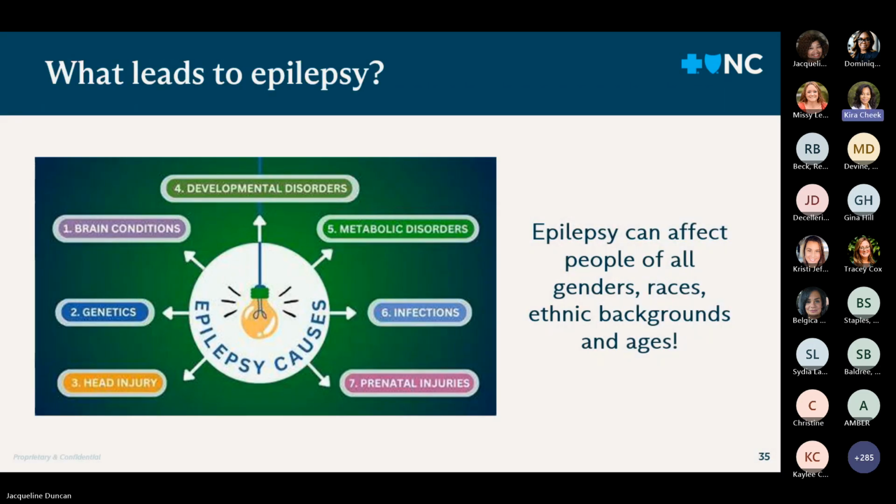So, who is most likely to develop epilepsy? It affects people of all genders, races, ethnic backgrounds, and ages. About half of all people with epilepsy do not know the cause.